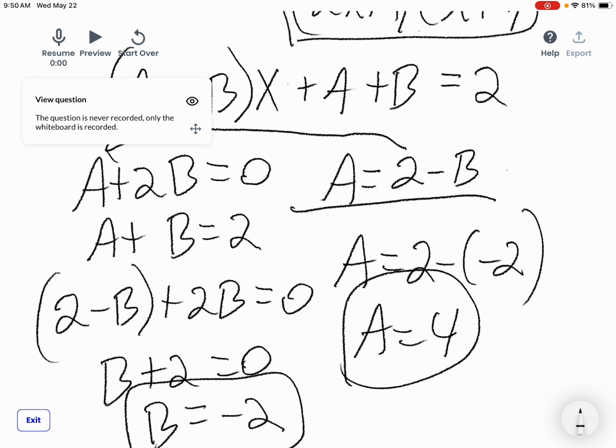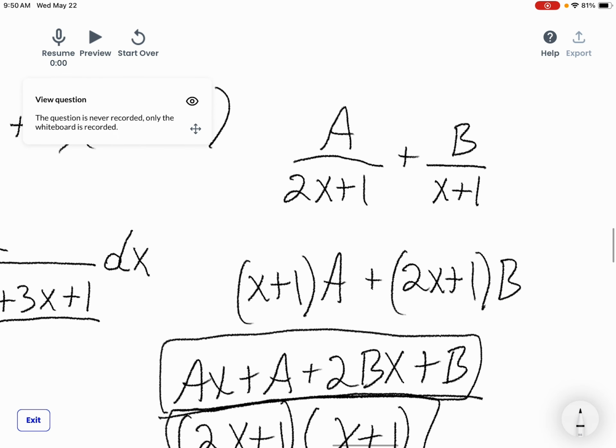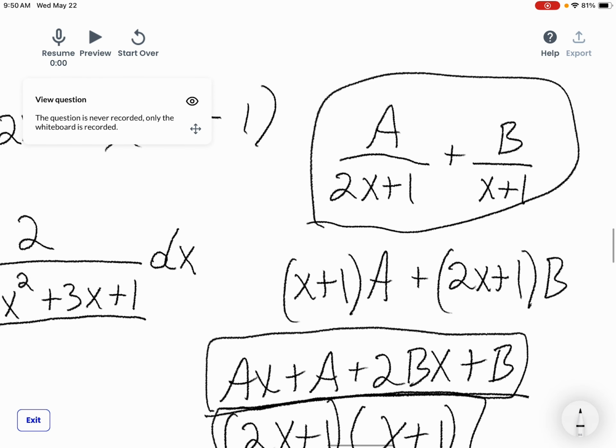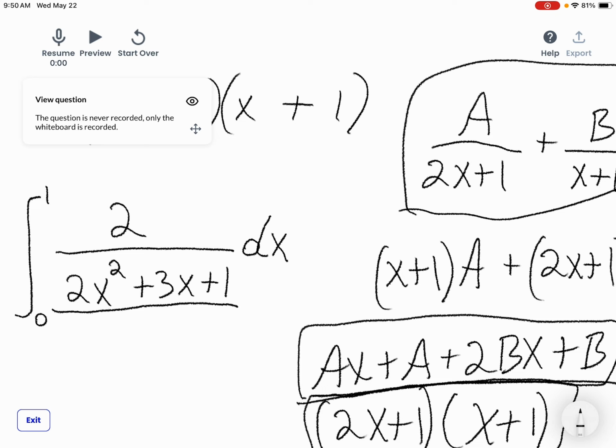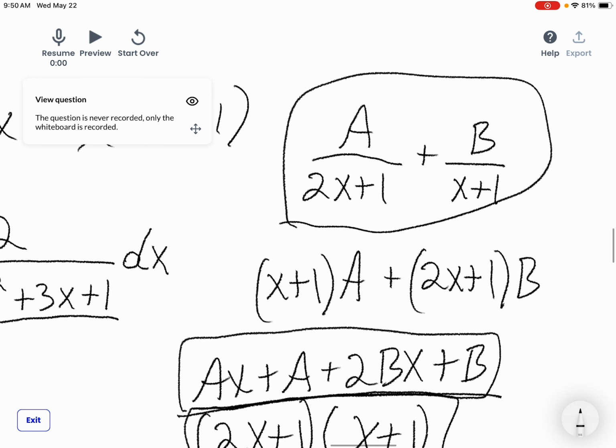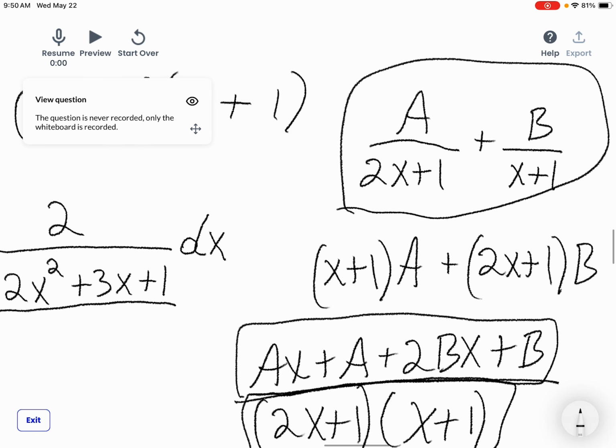So now we can plug these a's and b's right into this here, because we can write our integral, right? Take what we started with and write it as a over the first linear factor, once we factor it, plus b over the second factor.